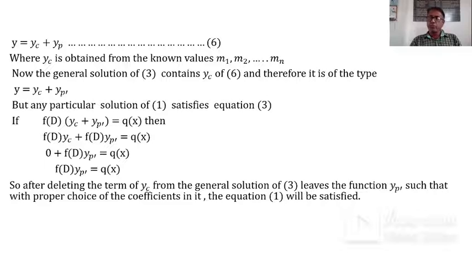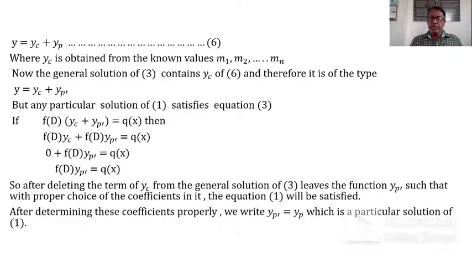After determining the arbitrary constants in yp' properly from this equation, we substitute their values, and we call the result yp, which is a particular solution of the given non-homogeneous differential equation.